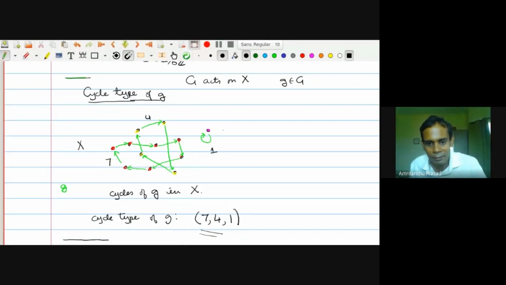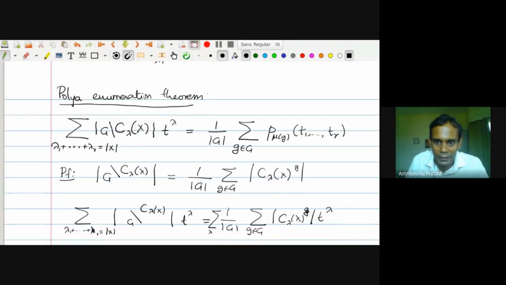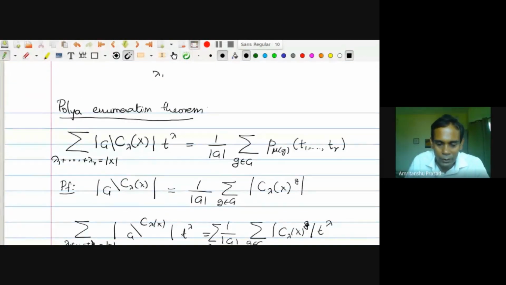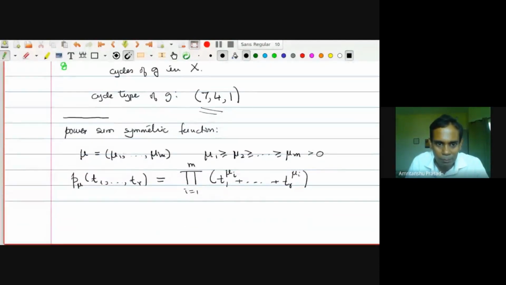And it doesn't matter here also, because the polynomial P mu G doesn't depend on the order in which you write the parts, because when you multiply things, this is commutative. So the order in which you write down the factors doesn't matter.